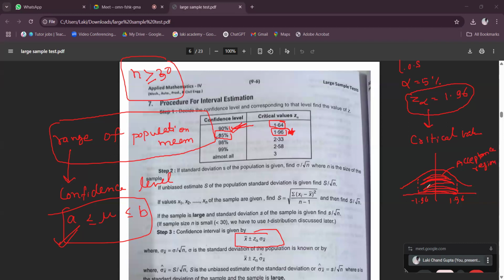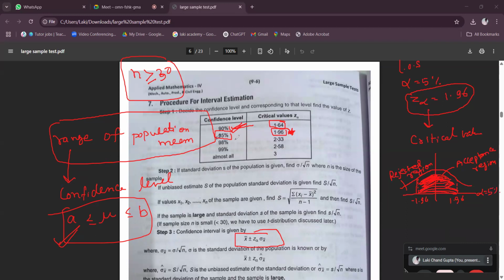Okay. And when you go outside of this region, this is called rejected region. It means if your value lies between minus 1.96 to plus 1.96, it will be accepted, otherwise rejected. So 1.96 is for alpha equal to 5%.